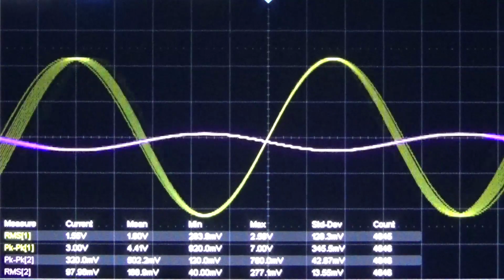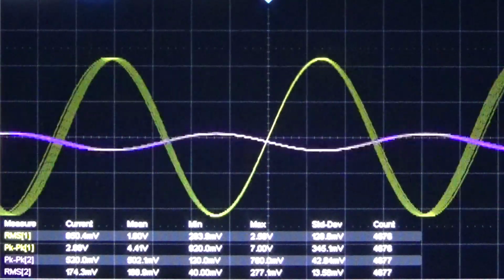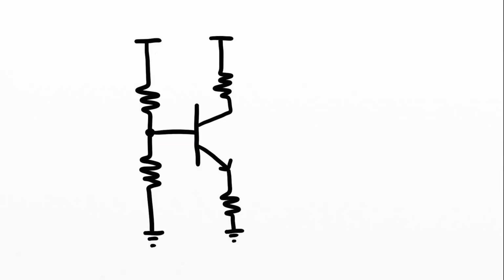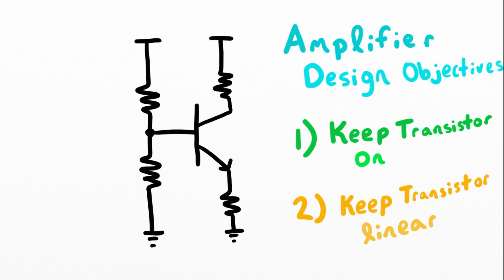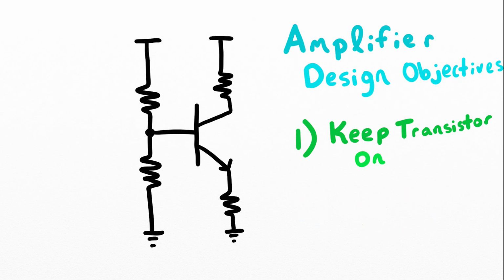There are two main concepts critical in the design of the common emitter amplifier. One is to keep the transistor on, and two is to keep the transistor linear. Let's first consider keeping the transistor on. We need to focus on the base emitter voltage of the transistor.